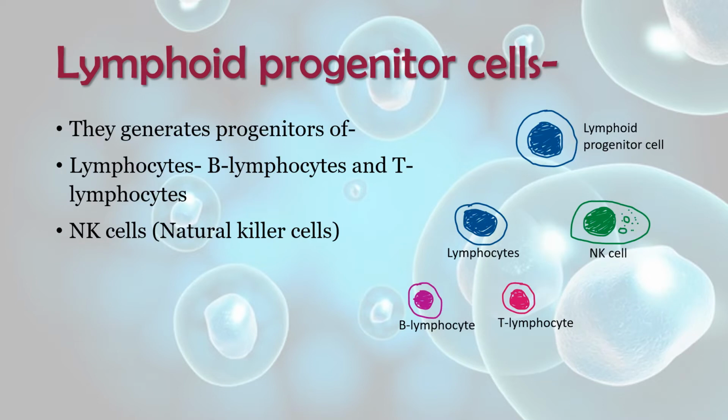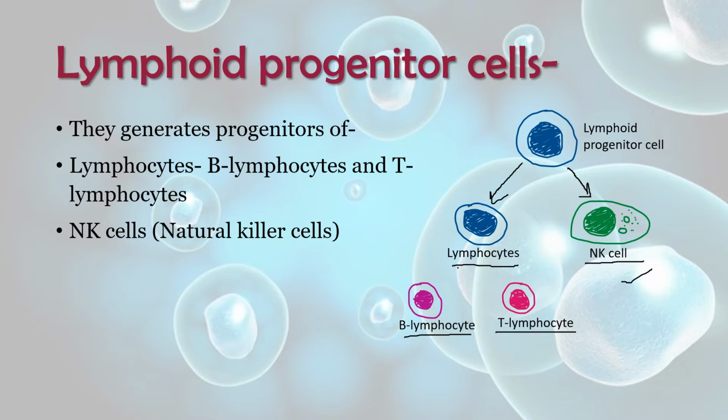Now, the second pathway of the hematopoietic stem cell is the lymphoid progenitor cell. It can generate progenitors of lymphocytes and natural killer cells. Lymphocytes are B lymphocytes and T lymphocytes. So through the lymphoid progenitor cells, there is a formation of B lymphocytes and T lymphocytes and also the formation of NK cells.